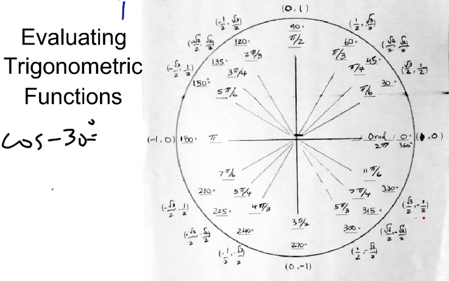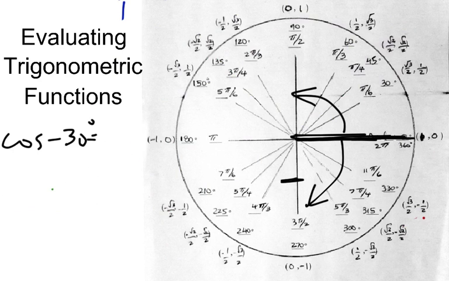Now, you always start on the positive x axis. If you go in a positive angle, this will be counterclockwise, and if you're doing negative, then you're going clockwise.